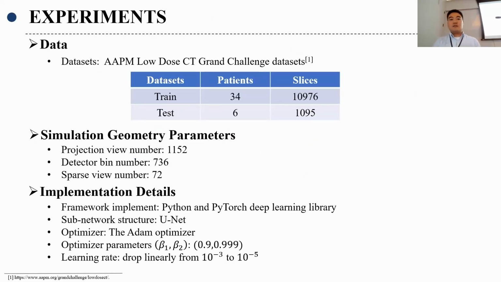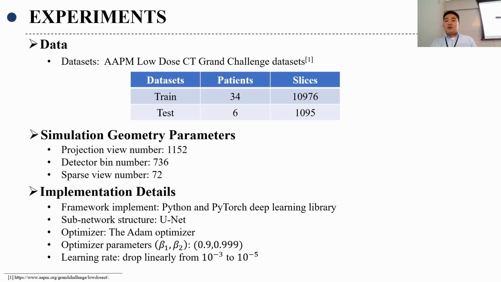So the authors verified the performance of the proposed CR-Recon through a series of experiments. The data used in this experiment are AAPM low-dose CT challenge data. Over 10,000 slices from 34 patients are used for network training, and over 1,000 slices from 6 patients for validation and testing.